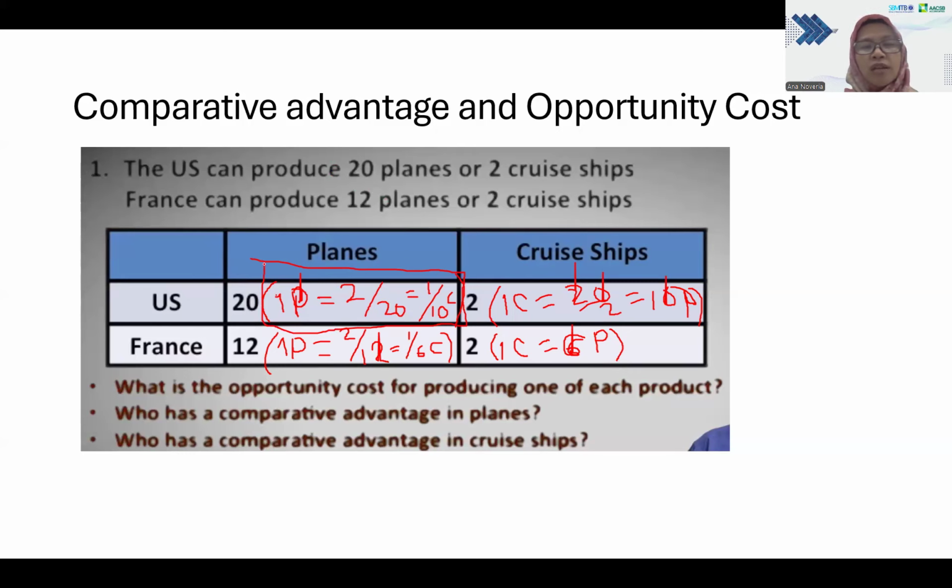The country that has a lower opportunity cost in producing cruise ship is France, because it's 6 planes compared to 10. So we can say the US has comparative advantage in producing planes, and France has a comparative advantage in producing cruise ships.